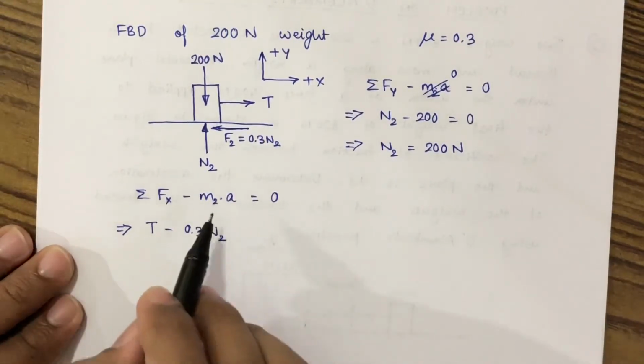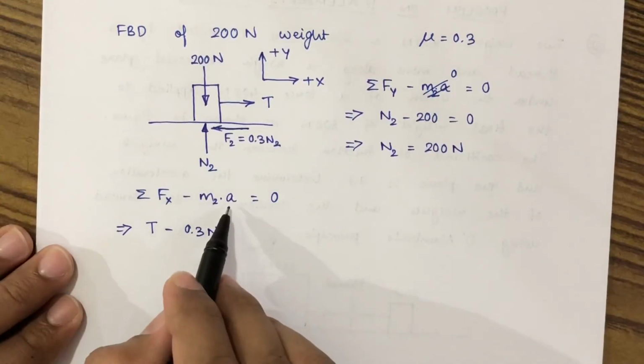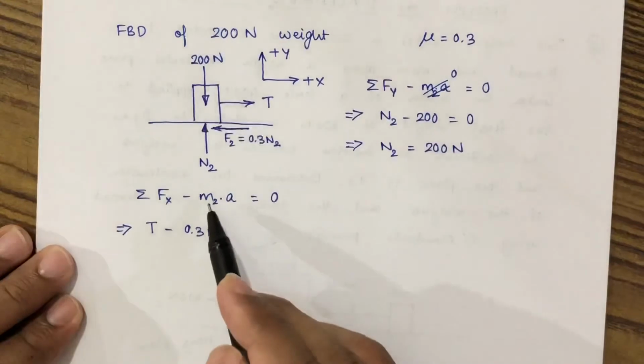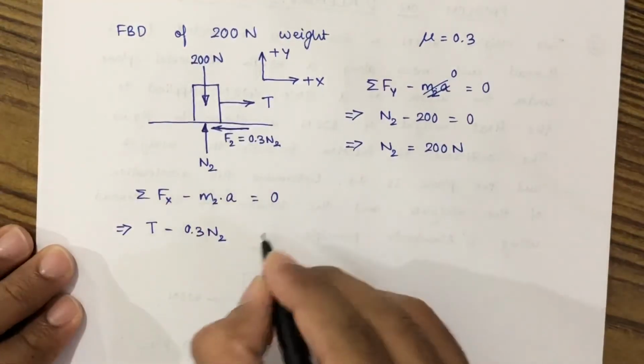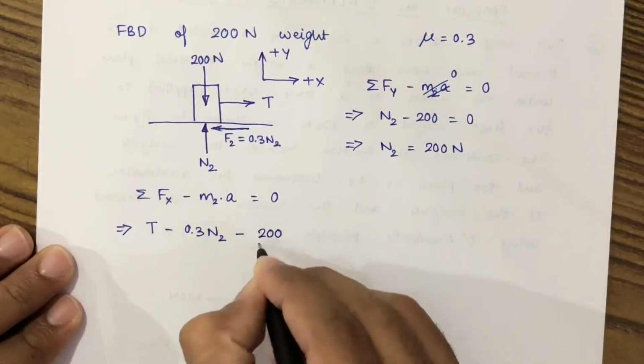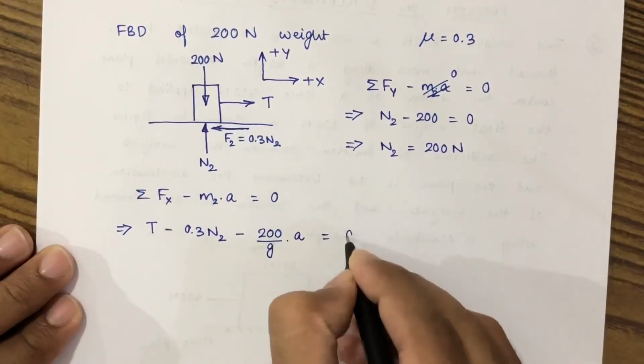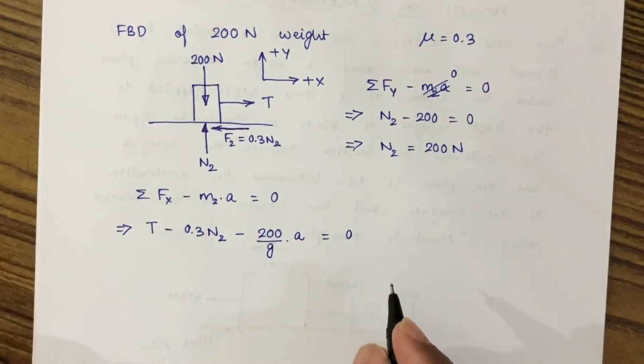Clear? And then this is m2 into a. Now as the weight is given as 200 Newton, mass will be 200 upon g. So this will be minus 200 upon g into a. All this will be equal to 0.